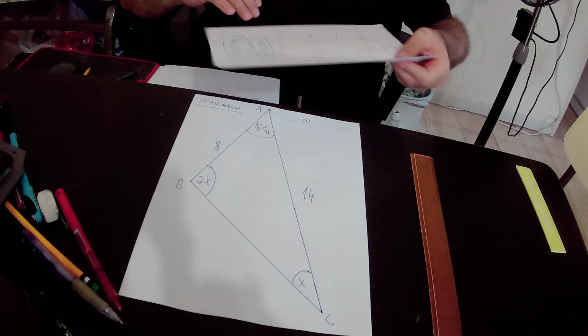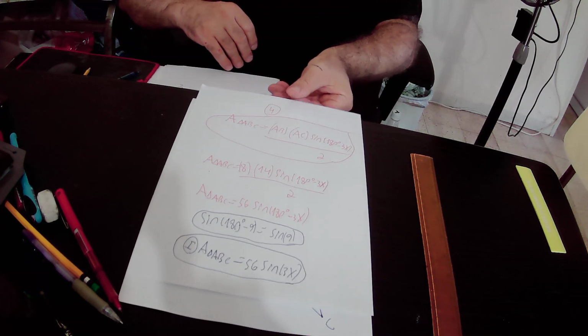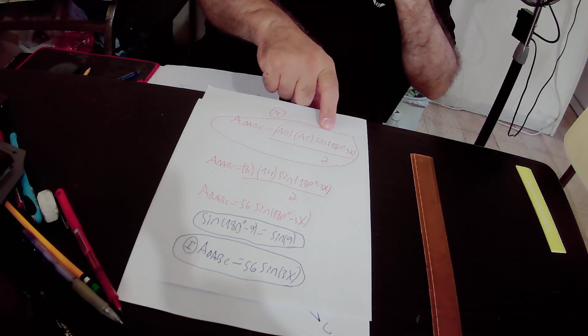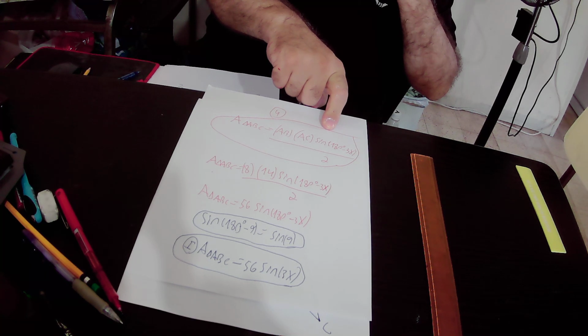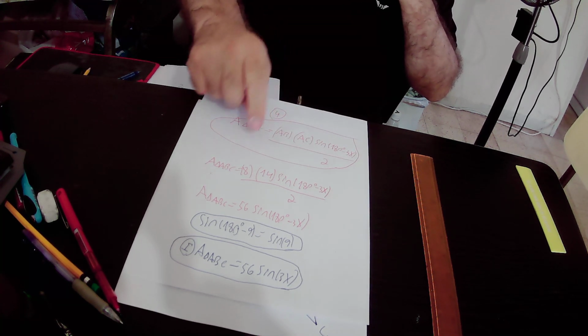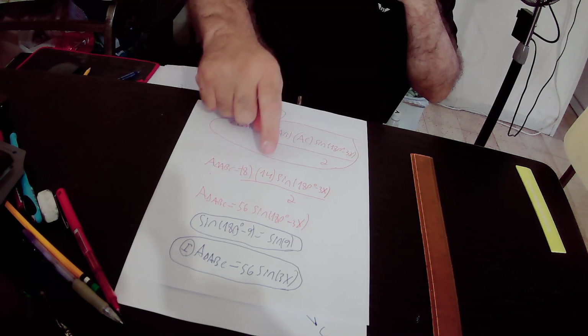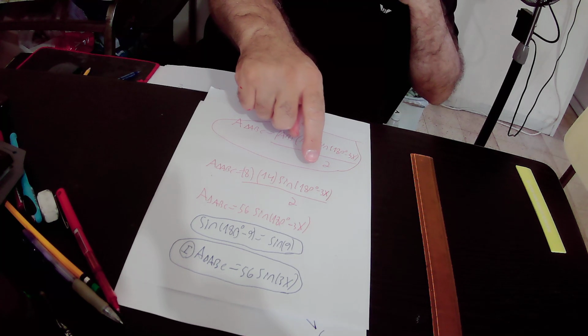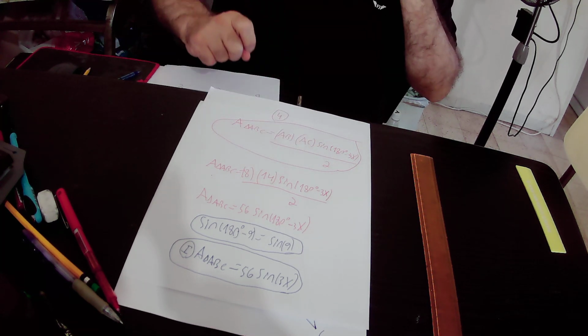Again, the area of our triangle ABC will be equal to AB times AC times sine (180 degrees minus 3x) over 2. We know that AB equals 8, AC equals 14 units, and we have sine (180 degrees minus 3x) over 2.